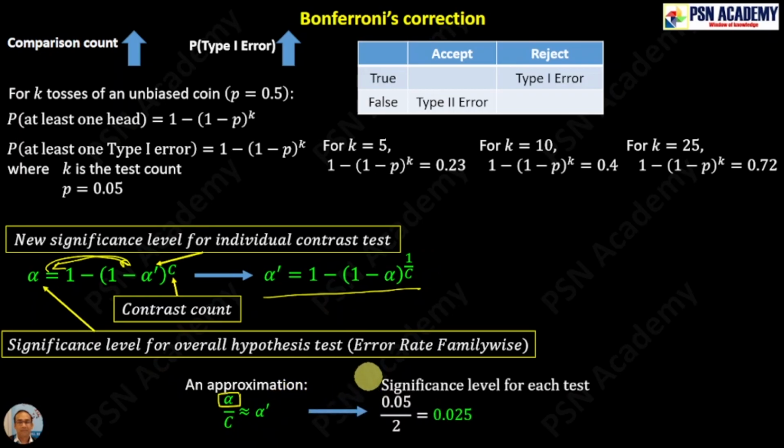So in our case, it looks like this. This is the overall alpha, 0.05. It is divided by 2 and you get the significance level for each test as 0.025. Based on this 0.025, you can decide whether the null hypothesis is rejected or not.